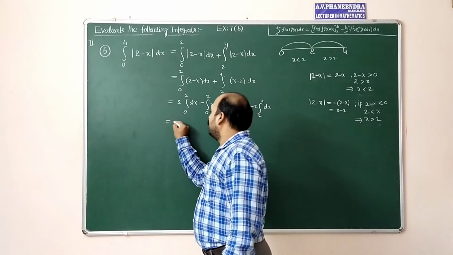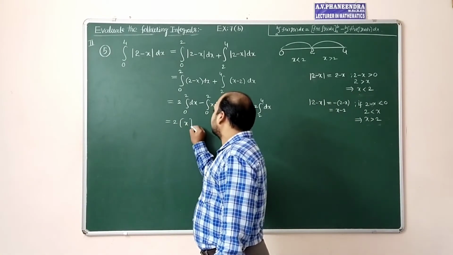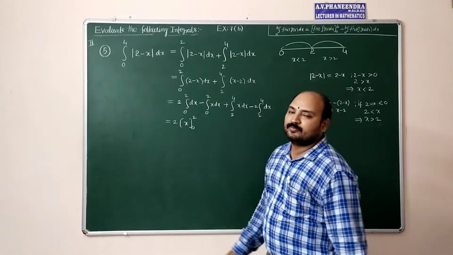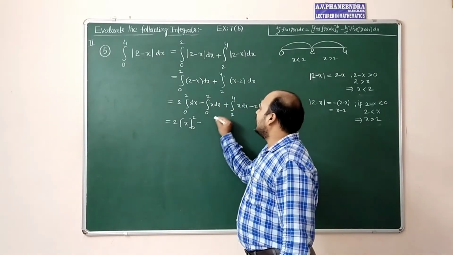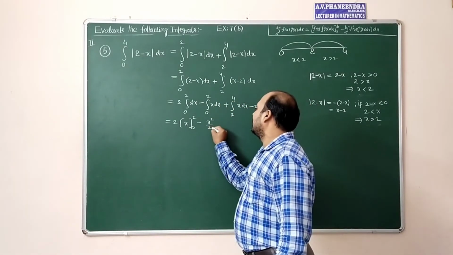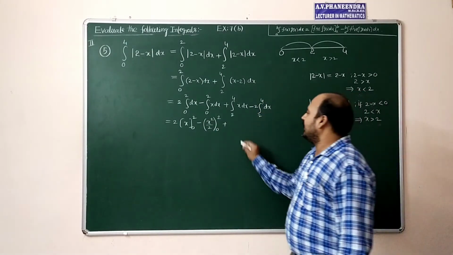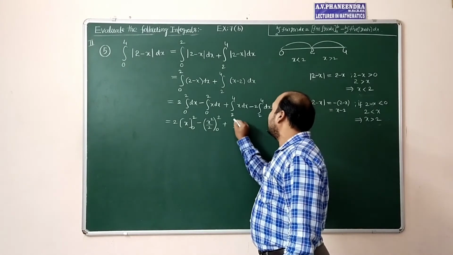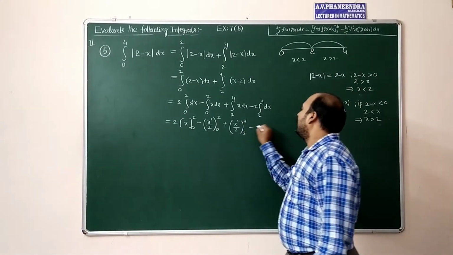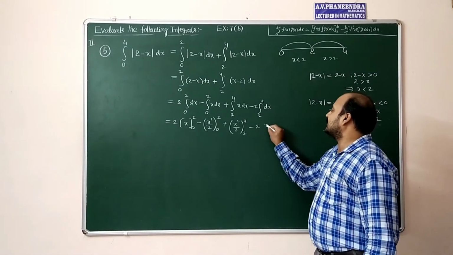This equals 2 into the integral of dx, which is x, applying limits 0 to 2, minus the integral of x dx, x square by 2, applying limits 0 to 2, plus x square by 2 with limits 2 to 4, minus 2 into x with limits 2 to 4.